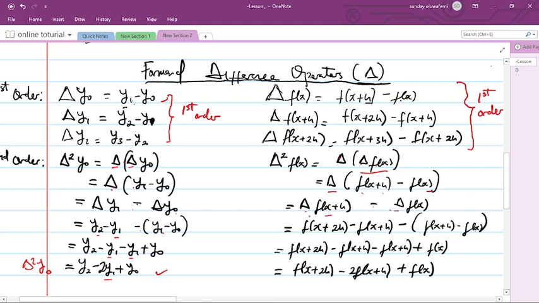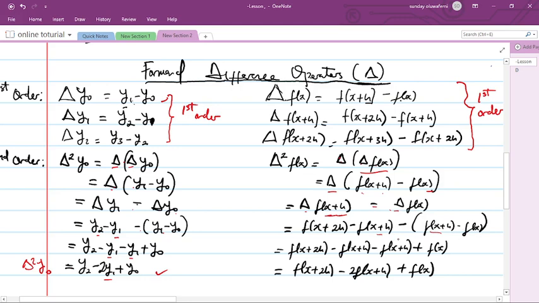By the time we find the forward difference of this also, we take a step forward. That will give us f of x plus 2h minus f of x plus h, then minus. If you find the forward difference of this f of x also, that gives you f of x plus h minus f of x.